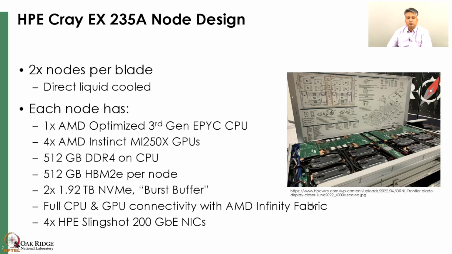There are also 2 times 1.92 terabytes NVMe burst buffers to accelerate calculations. All the CPUs and the GPUs are connected using something called an infinity fabric. And each node also has 4 network interconnect devices, NICs, each capable of 200 gigabytes per second.